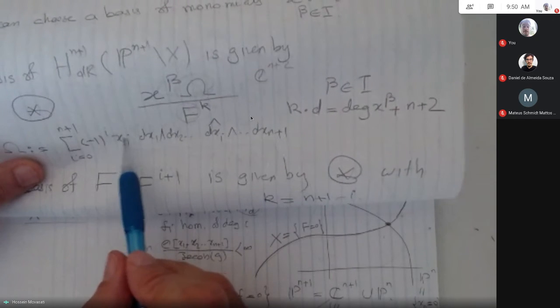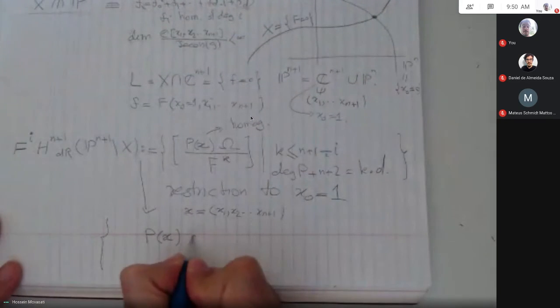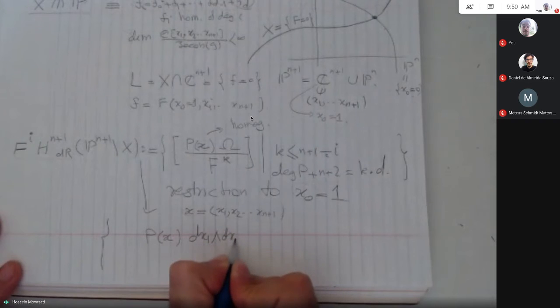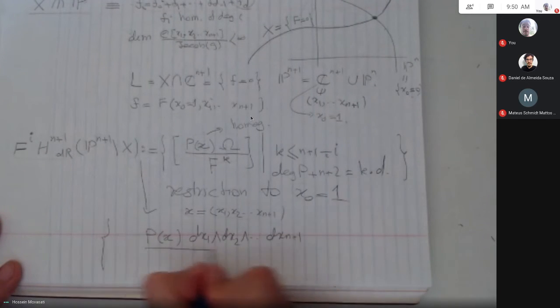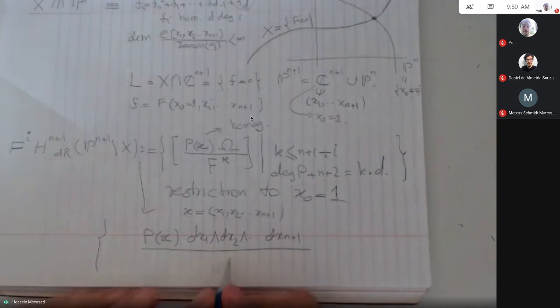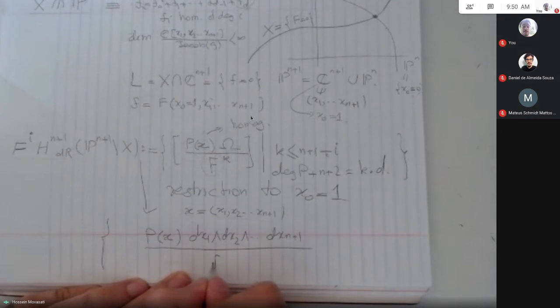So x0 putting 1, we will get 1. At the end here, we will get the x1, the x2, blah, blah, blah, the xn plus 1. And here, let's say f restricted to x0, it is a small letter f, f^k.